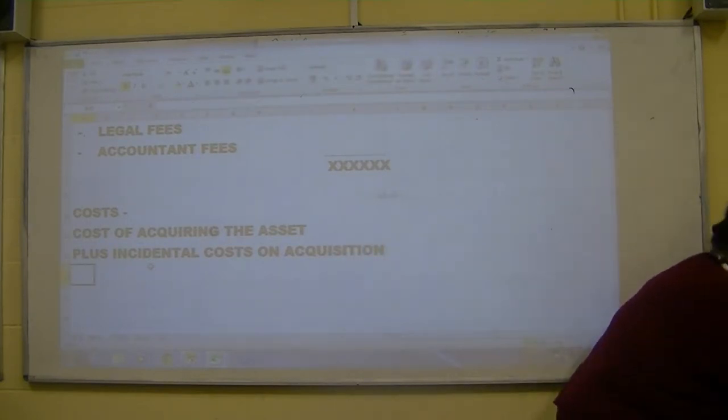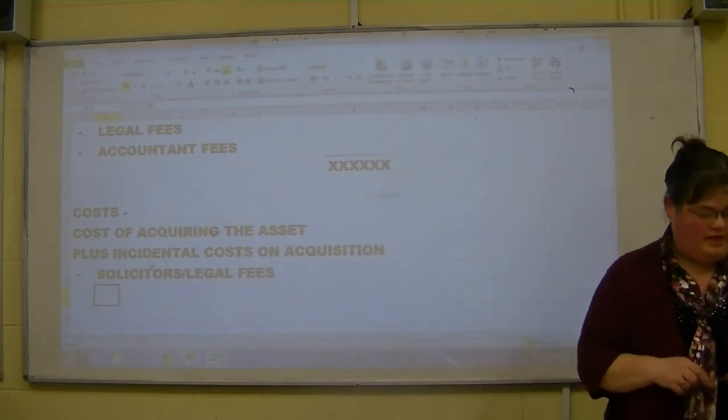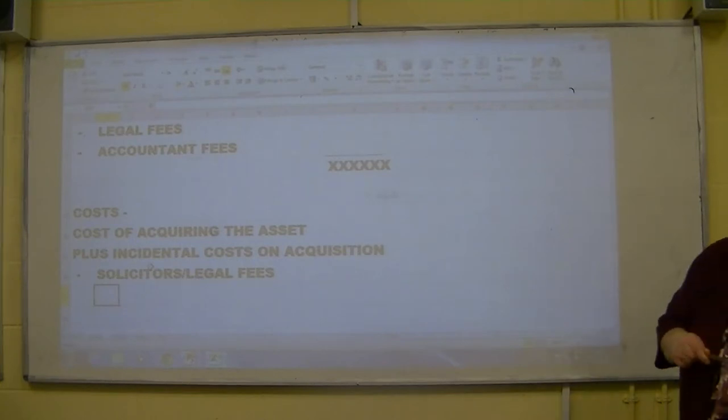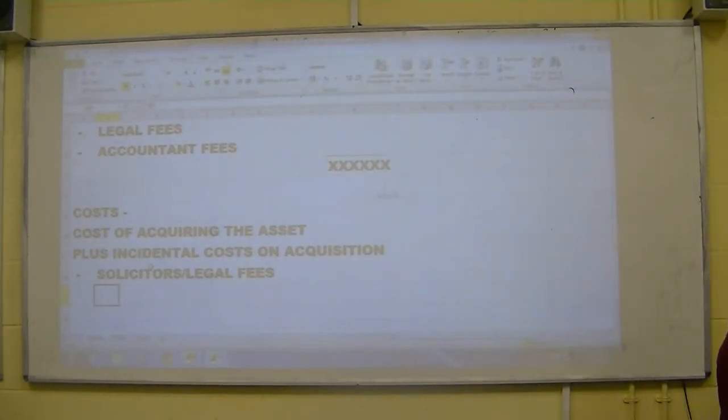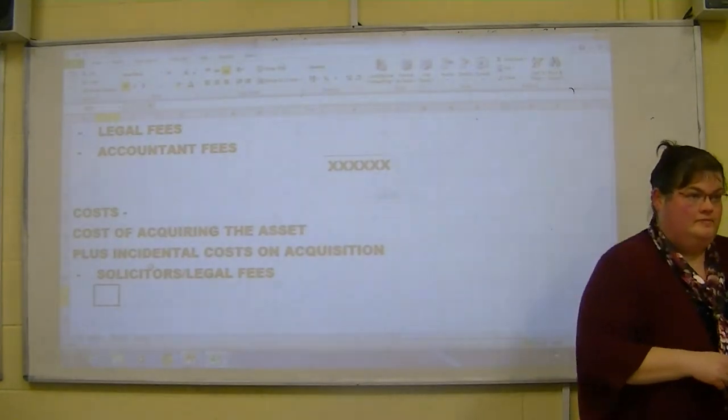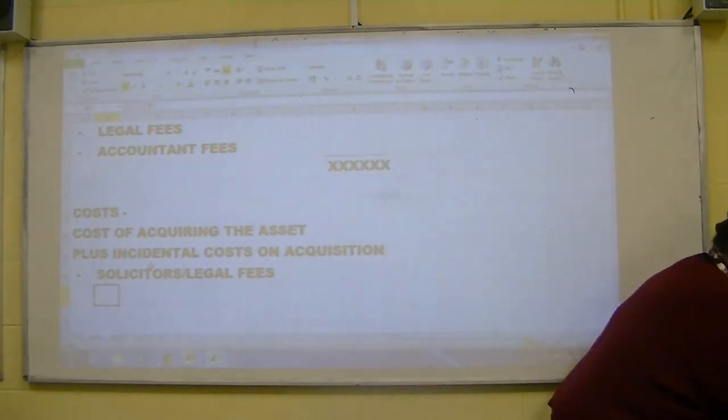And this would be the same thing. We could have auctioneer's fees, if we're buying it, probably legal fees. They'd be the most likely when we're actually buying it. Okay, and then we have to apply indexation.